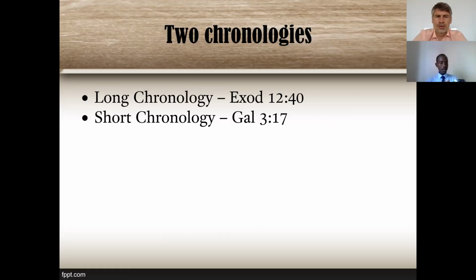And here, this chronology is how to explain the time span that happened after or before the Exodus. And we have this problem, because if you read Exodus chapter 12 and verse 40, let me read it.